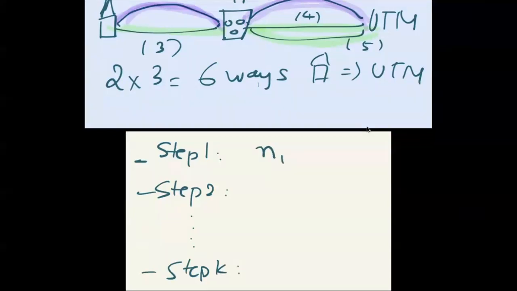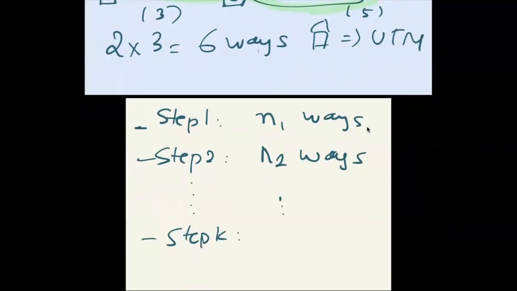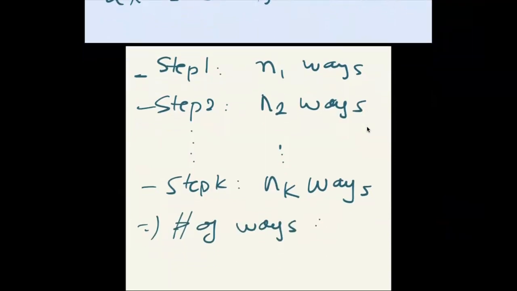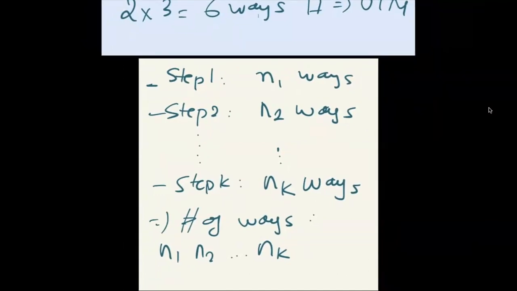Let's say you have N1 ways to do step 1, and for each way in step 1, you have N2 ways to perform step 2. And similarly, for each way in step 1 up to step K minus 1, you have NK ways to perform step K. Then the number of ways to perform such an action consisting of K steps would be N1 times N2 up to NK. Does this make sense?